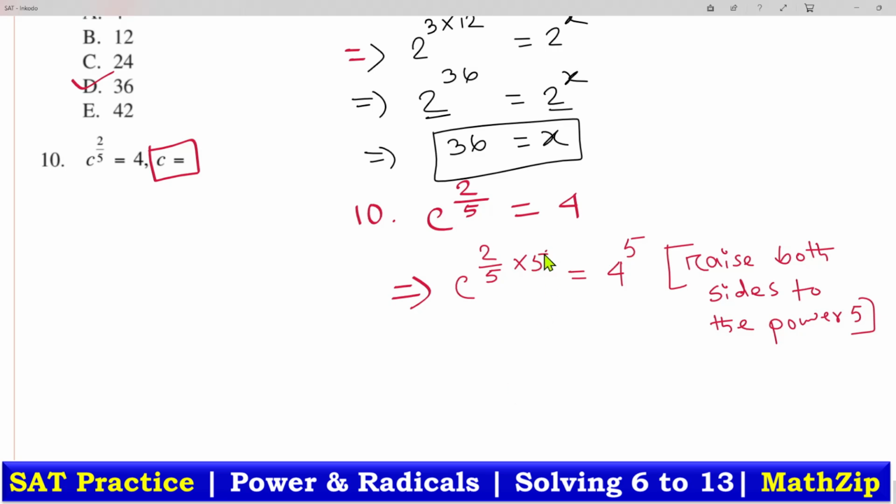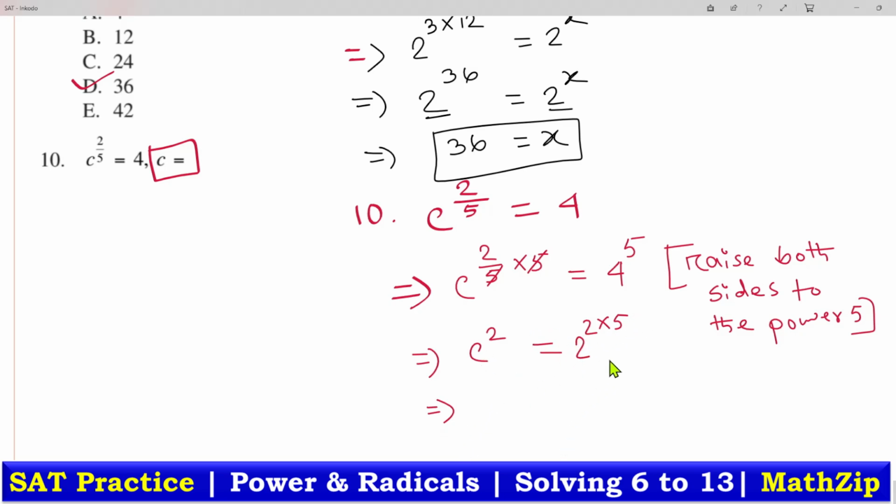So here 5 and 5 out. Here is c square, and here this 4 we can write 2 square and times 5. It means 2 to the power 10.